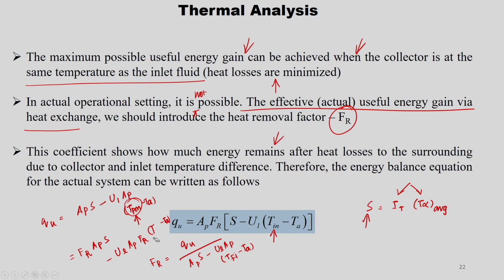This is not T_pm, this is T_fi. If the plate temperature is at the fluid inlet temperature, how much actual heat gain do we get? That is defined by the heat removal factor.